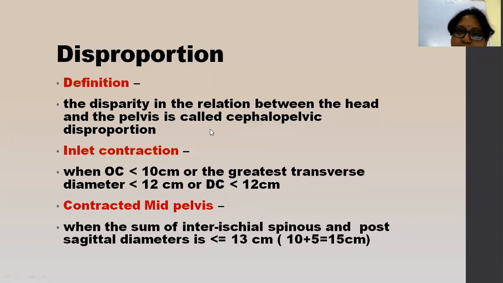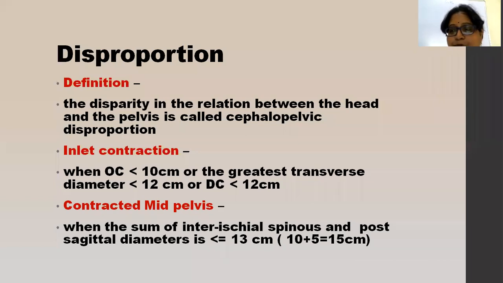If the pelvis is contracted, you always face contraction at the brim. The head faces difficulty while negotiating the brim. Usually there is no isolated mid-pelvic or outlet contraction. They are always associated with contraction at the brim.